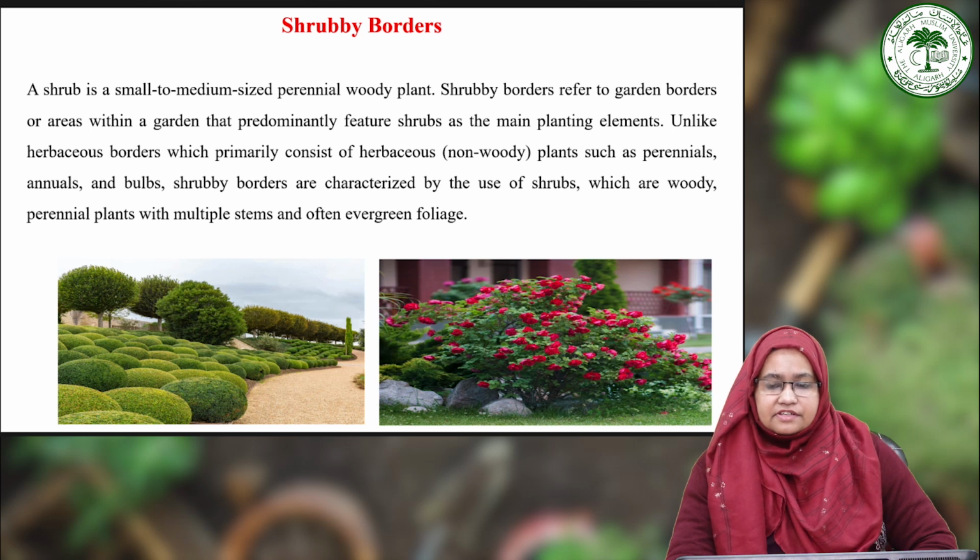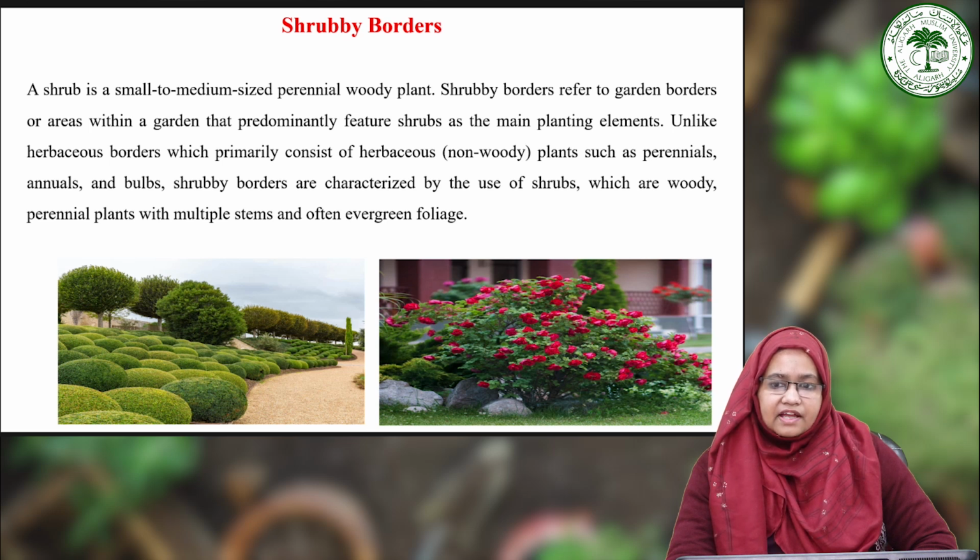The next is preparation of shrubby border. Shrubs, as I have told you earlier, are defined by their woody stem, which gives them structure and prominence. Unlike herbaceous plants that die back to the ground each year, shrubs often maintain their form year round.